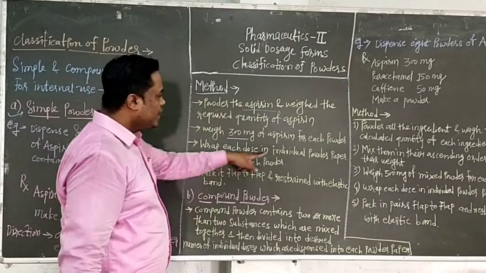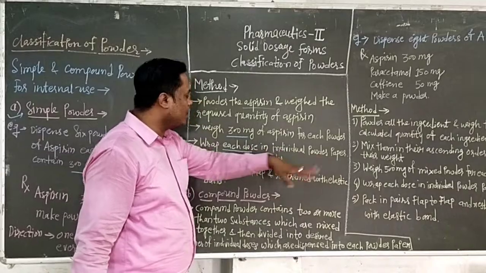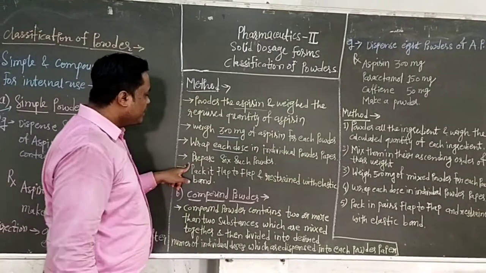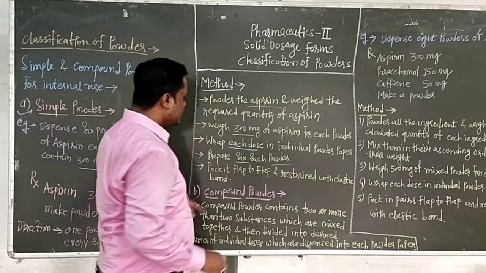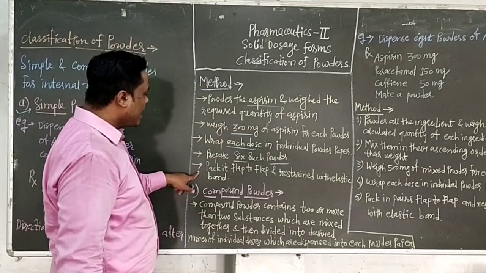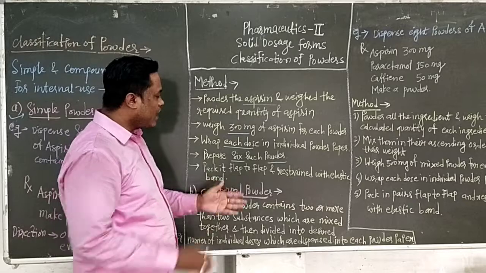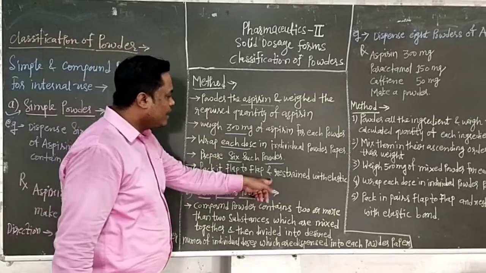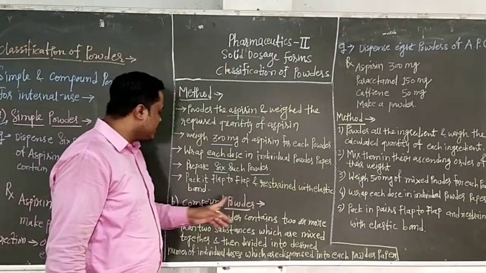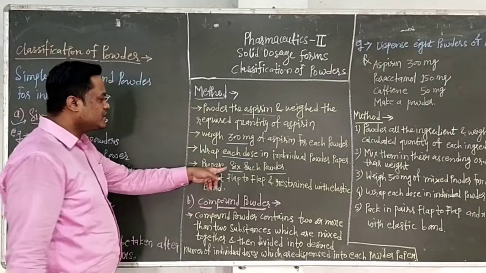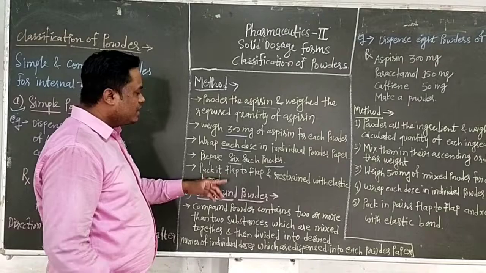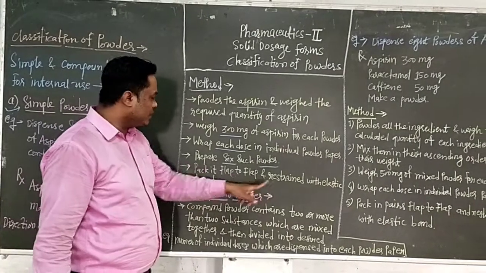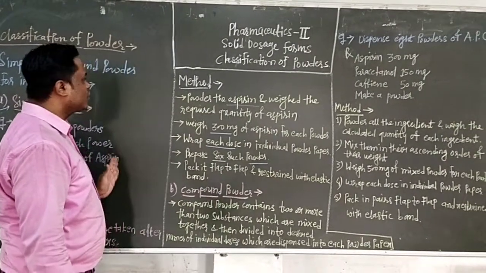Then prepare 6 such powders. Last, pack them flat to flat, one by one, and restrain with an elastic band. These 6 doses are packed flat to flat and restrained with the elastic band. This is the method of preparation.